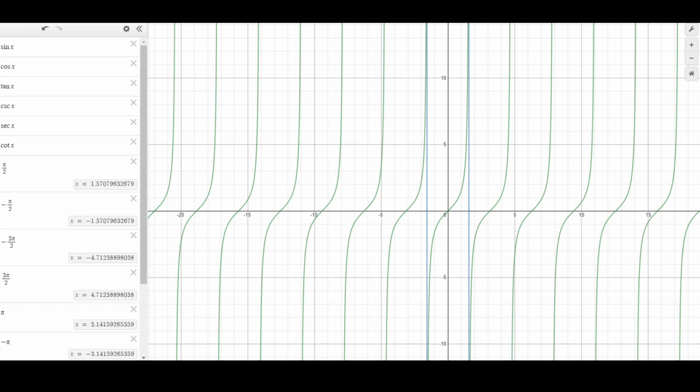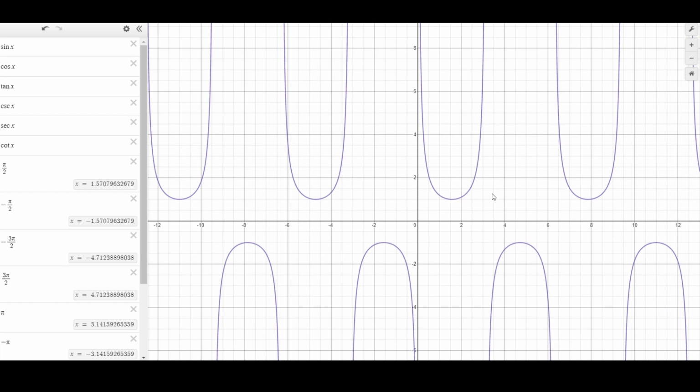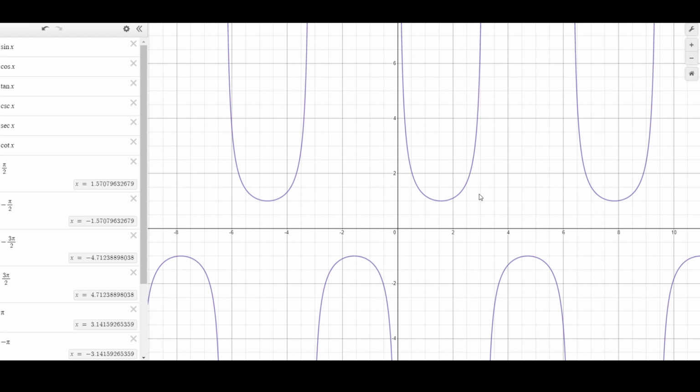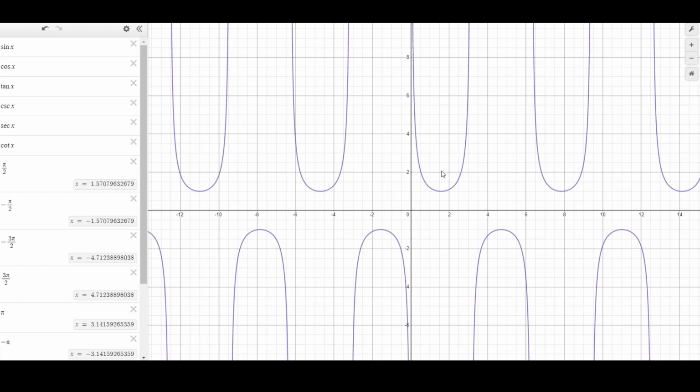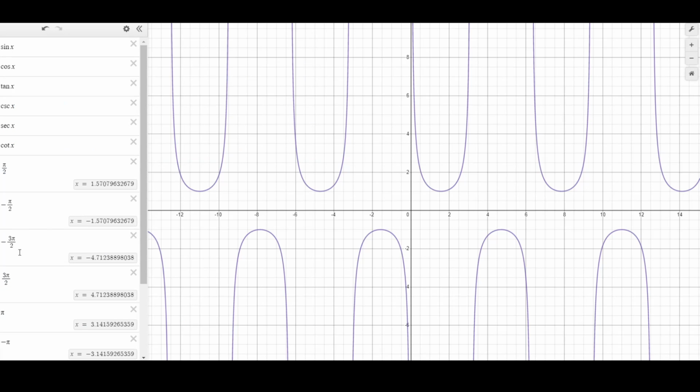Okay, so that's it for tangent theta. Let's take a look at cosecant. Cosecant is kind of weird, but that is the graph of cosecant theta. Let's take a look at the asymptotes: theta is equal to a multiple of pi, where n is an integer again. Let's try it out.